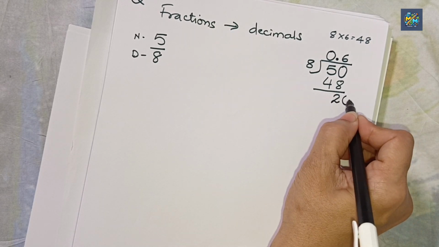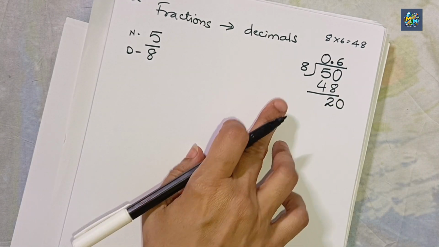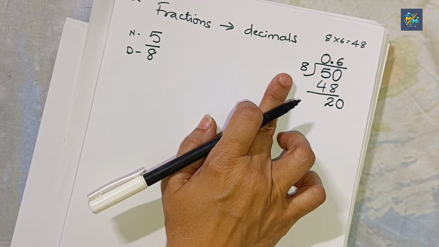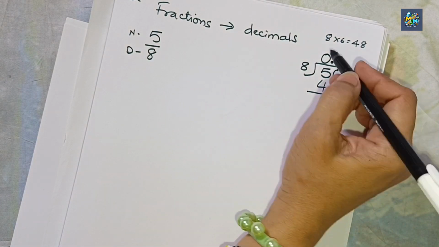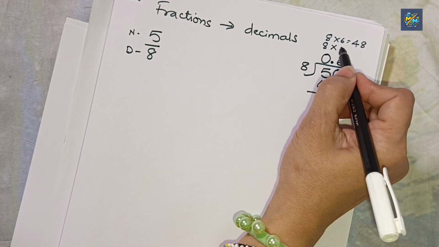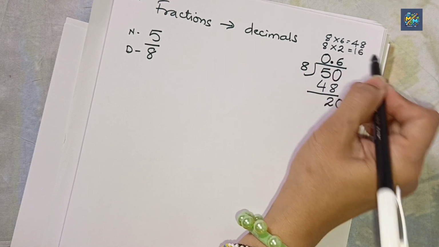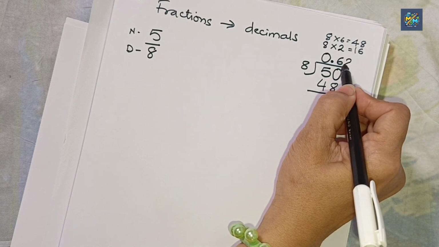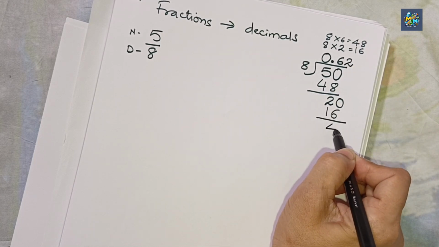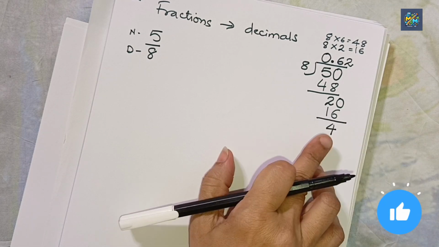Again, I'm going to add a 0 over here. So is there any 20 in the table of 8? I guess no. Smaller than 20, 8 times 2 is 16. So I will be using 8 times 2 is 16. So 4 will be left over here. Now 4.